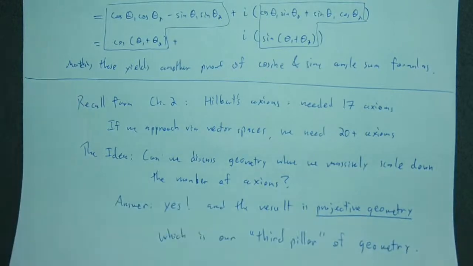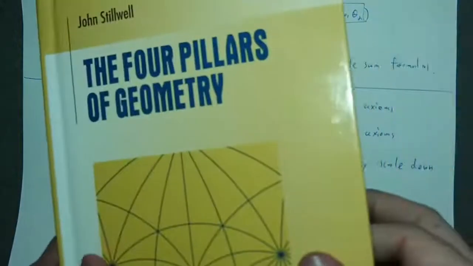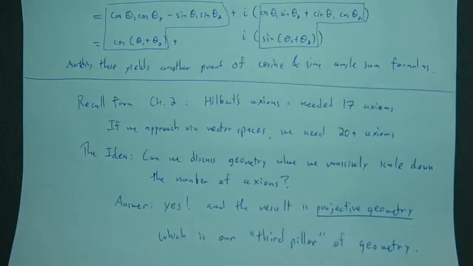Okay, so remember, this textbook is called The Four Pillars of Geometry. So what are the pillars? The first pillar is compass and straight edge constructions. All right, that's what we did in chapters 1 and 2. The second pillar is what we just finished, which is linear algebra specifically. So it is the things that give you access to coordinates, being able to compute with coordinates, being able to introduce vectors in the linear algebra sense, and matrices.